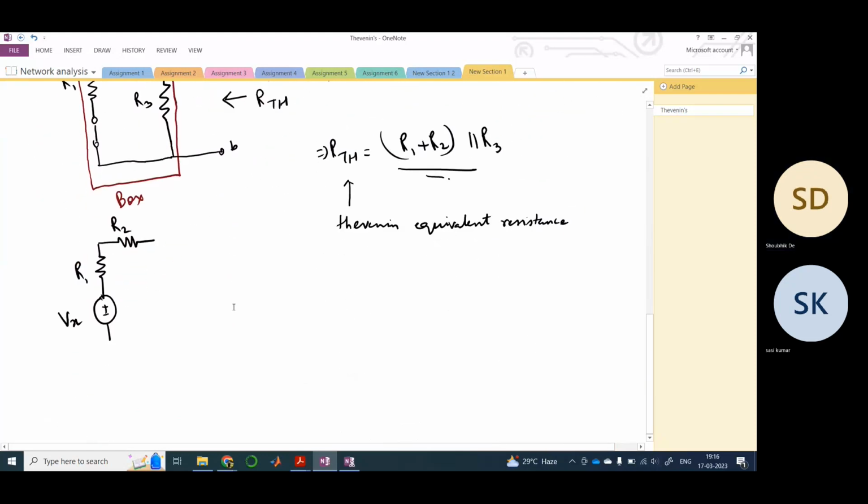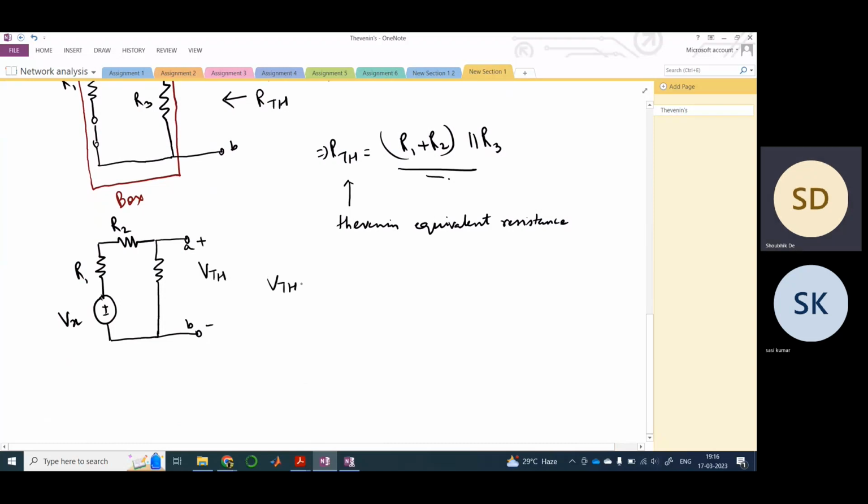So here we were calculating the Thevenin voltage from this point, terminals A and B. So this is VTH, and VTH is nothing but VAB. This is pretty simple. This is R3, and this is I. What will be your I?